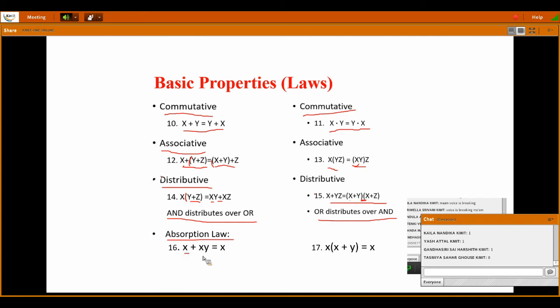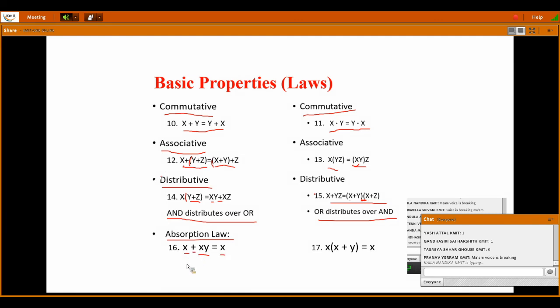One is x, the first term, and xy is the second term.